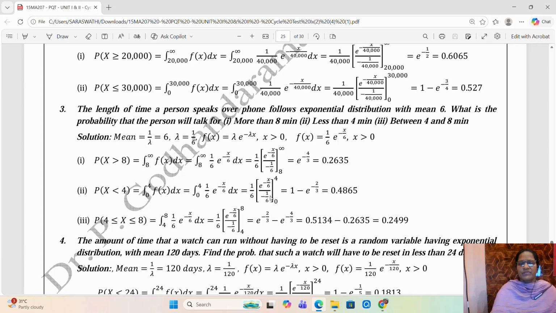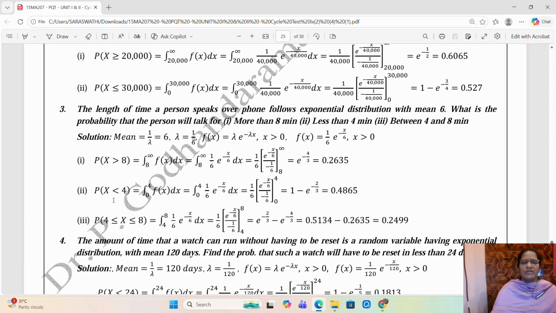After cancellation of the 1 by 6, minus of the upper limit x equal to 4, e power minus 4 by 6, minus the lower limit x equal to 0, e power 0 equal to 1. So multiplying by minus inside, 1 minus e power minus 2 by 3. The calculation of 1 minus e to the power minus 2 by 3 is 0.4865.